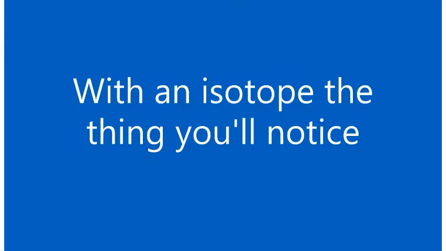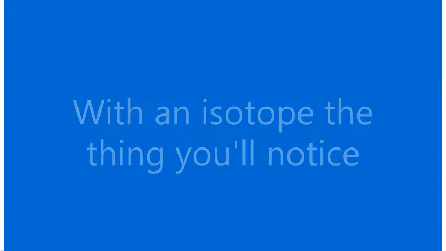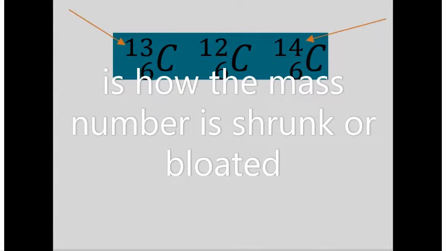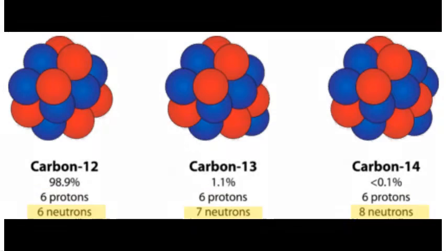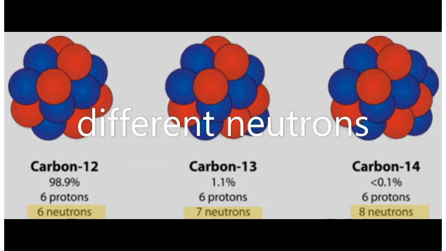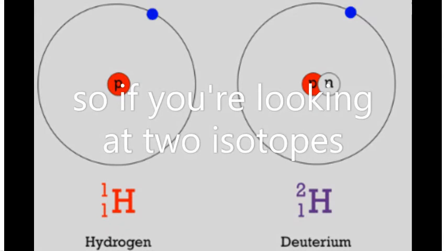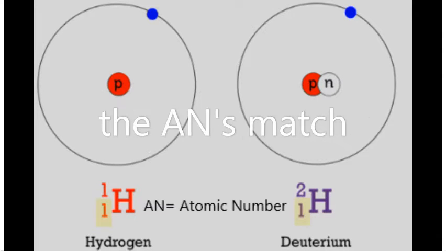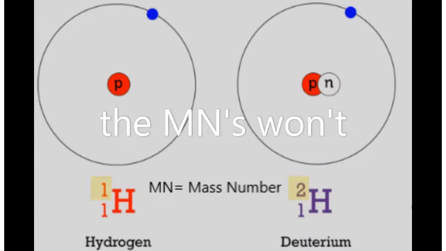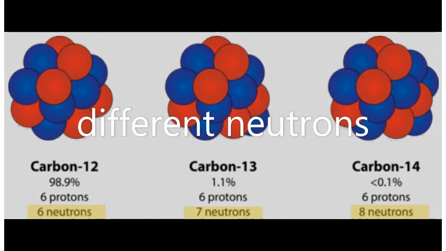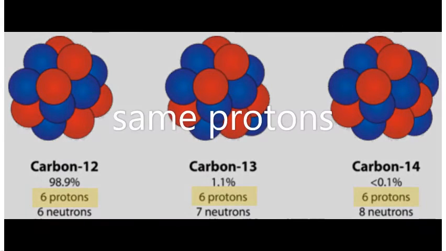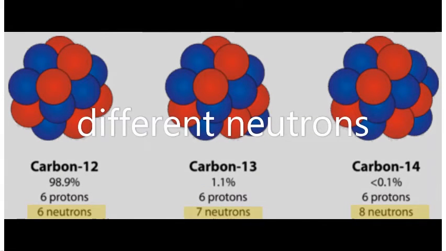With an isotope, the thing you'll notice is how the mass number is shrunk or bloated. Same protons, different neutrons. So if you're looking at 2 isotopes, the ANs match, the MNs won't. Same protons, different neutrons.